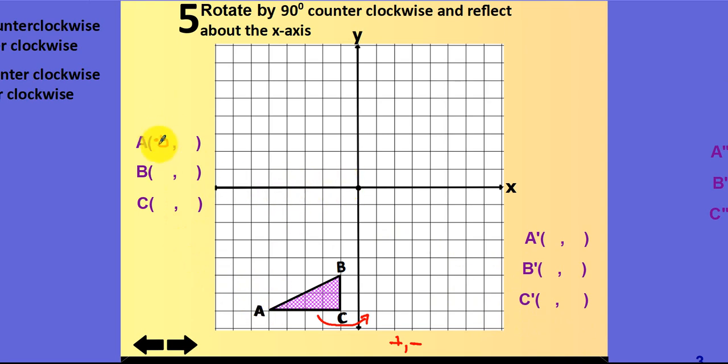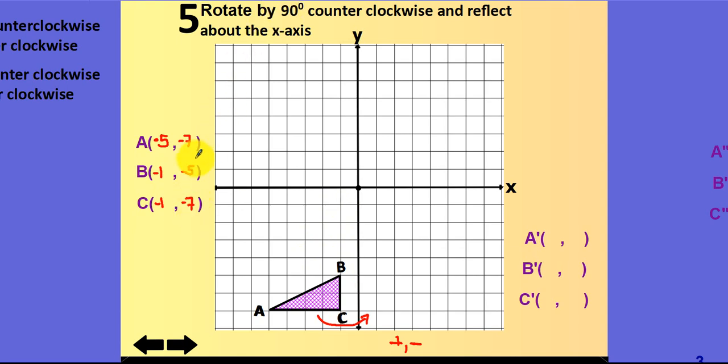It's negative 5. Then 1, 2, 3, 4, 5, 6, 7. It's negative 7. Note that if you go to the left, that's negative. If you go down, that's negative. B, negative 1. And 1, 2, 3, 4, 5, negative 5. So that's negative 1, negative 5. C, negative 1. Then 1, 2, 3, 4, 5, 6, 7. Negative 7. So negative 1, negative 7.